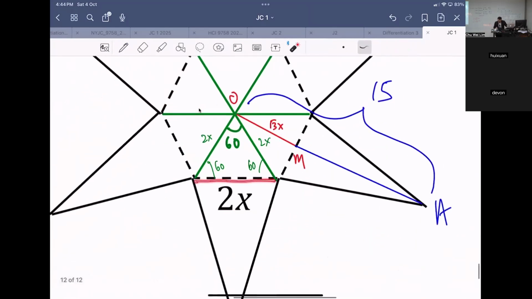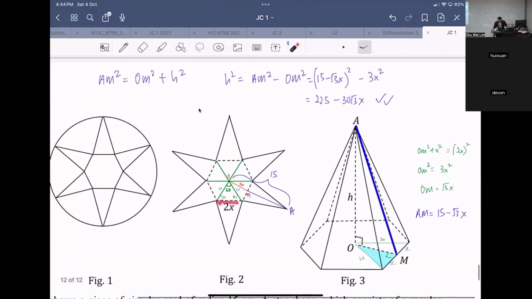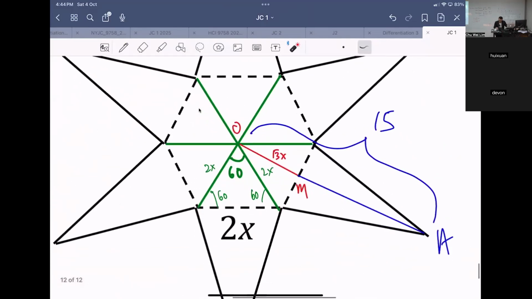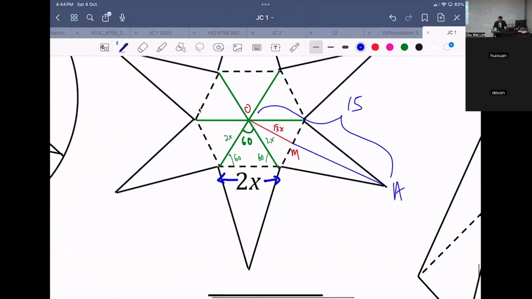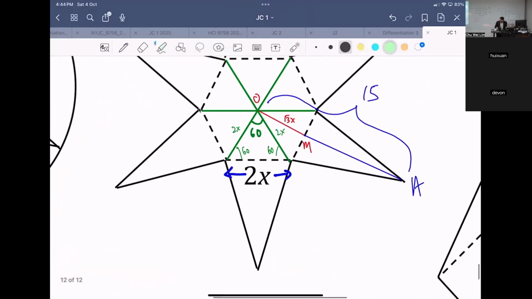Now, if this is 2x here, then use half AB sine C. This is 2x, so this part here is 2x. Half AB sine C gives the area of the triangle here.